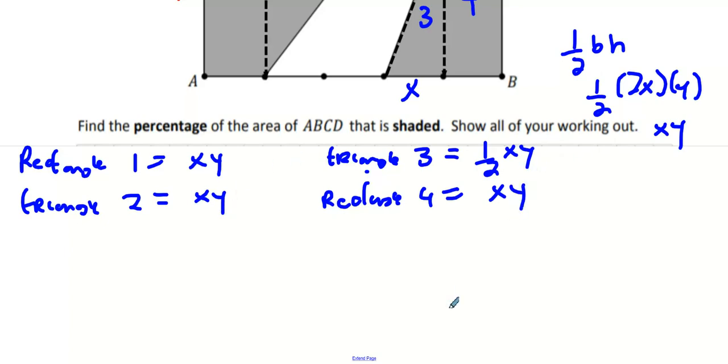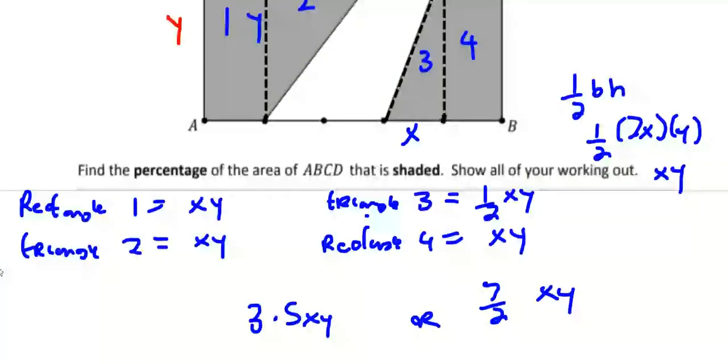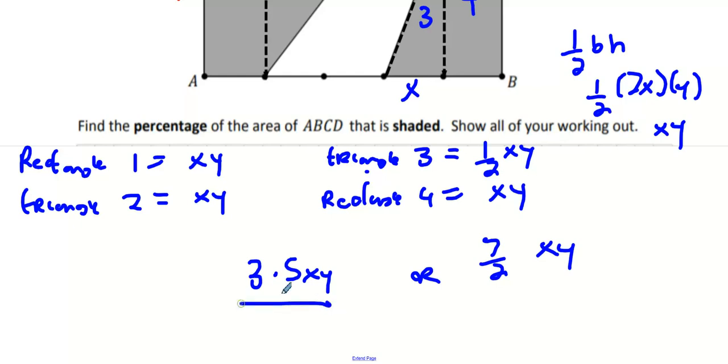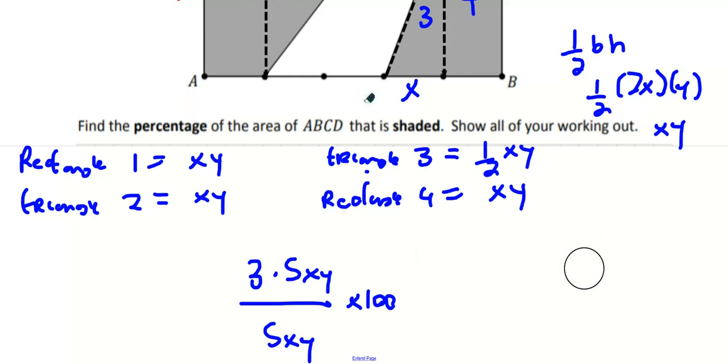We get 3.5xy, or 7/2 xy. Divide that by the entire amount, which is 5xy. So 3.5xy divided by 5xy multiplied by 100, and you should get 70% filled.